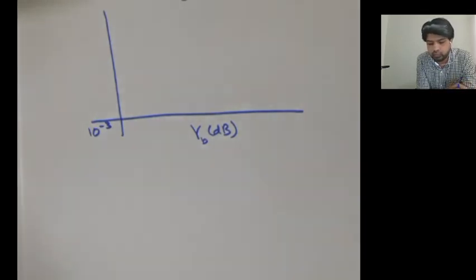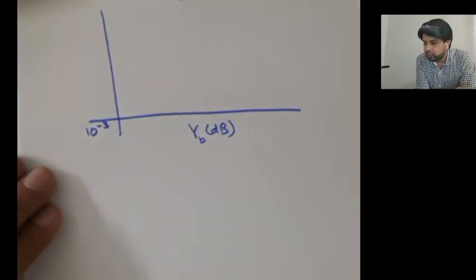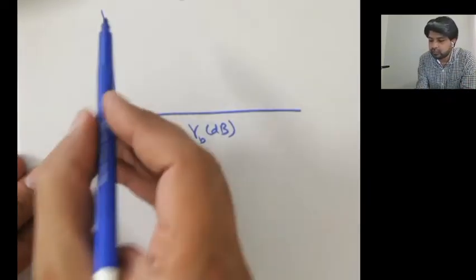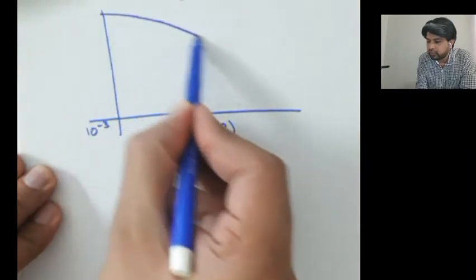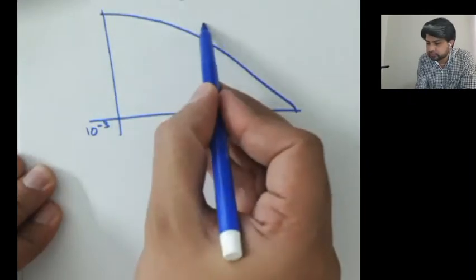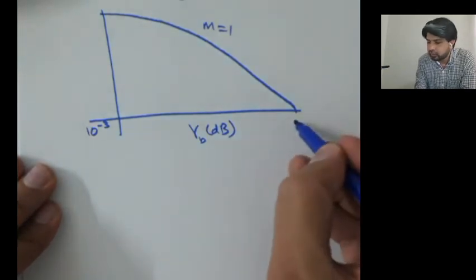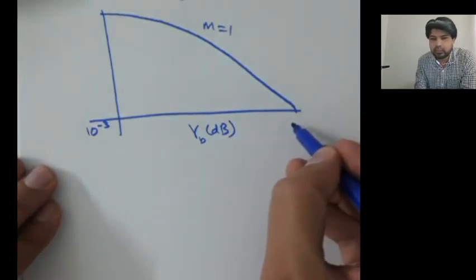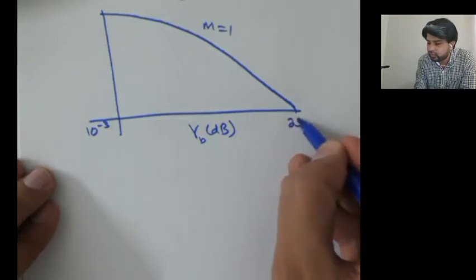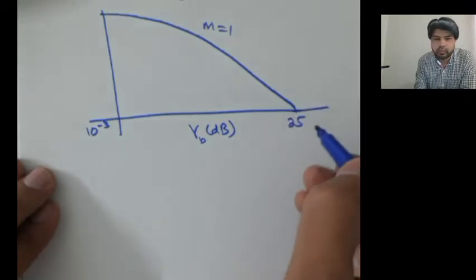When would you get 10 to the power minus 3 using MRC? Using MRC with m equal to 1, meaning you don't have any combining, to achieve a bit error rate of 10 to the power minus 3, you require an average SNR of 25 dBs.